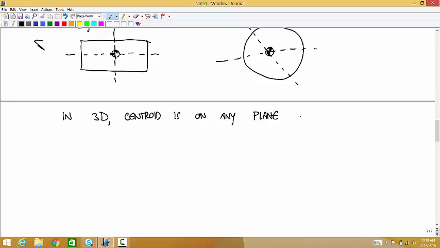So the centroid is on any plane of symmetry, and if you have 3 planes of symmetry, the centroid is at the intersection.